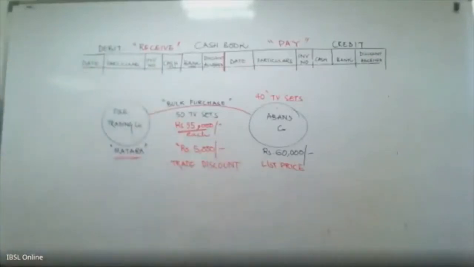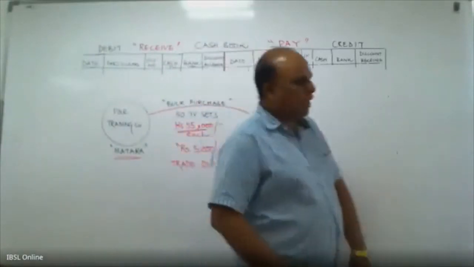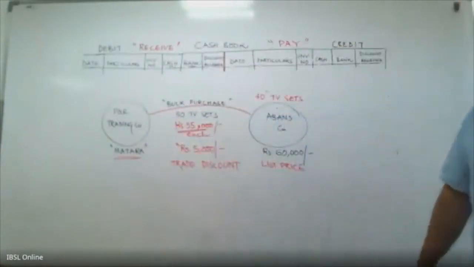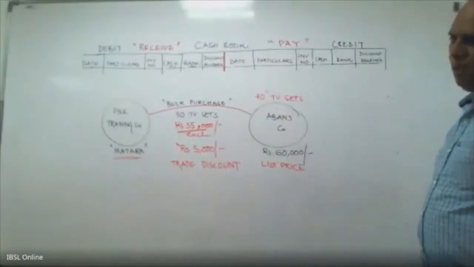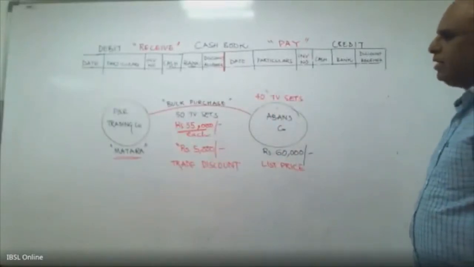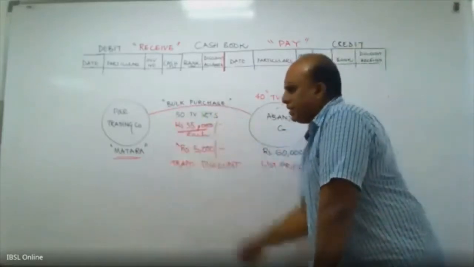That reduction is called a trade discount. So here, who has given the discount? Aban's company has given the discount. So they have allowed the discount and they have received the discount.